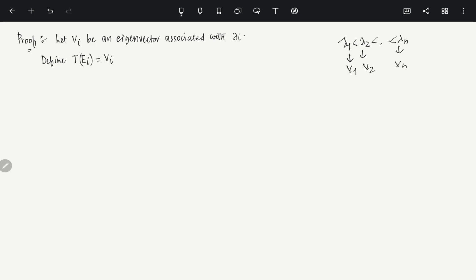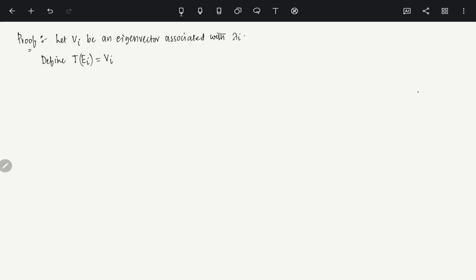So if I map E1, the first basis element, to V1, E2 to V2, En to Vn, then I have a one-to-one map, right? So basically this is a valid change of variable. That's what we're trying to do here.